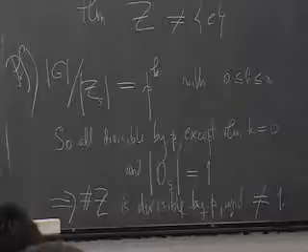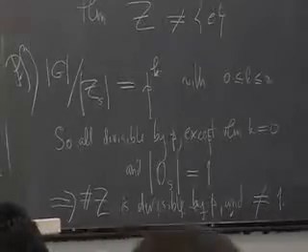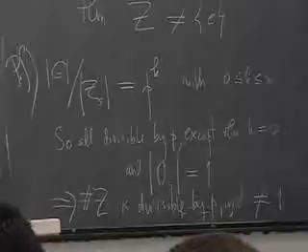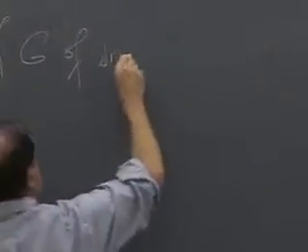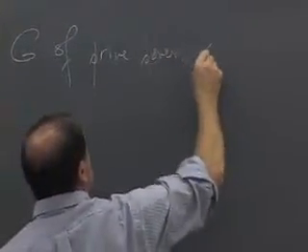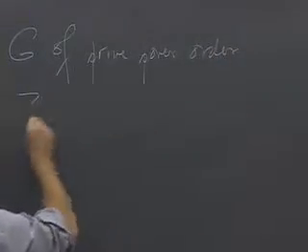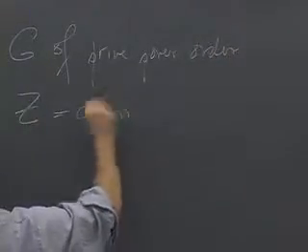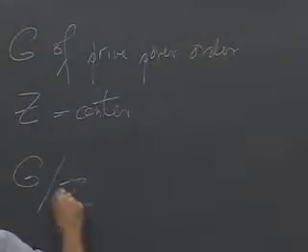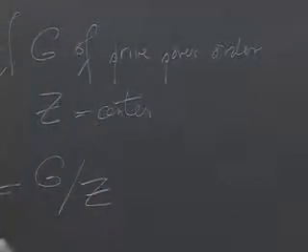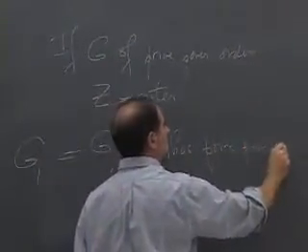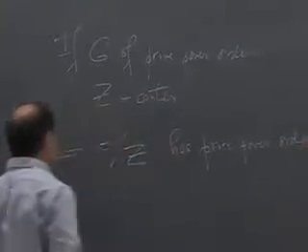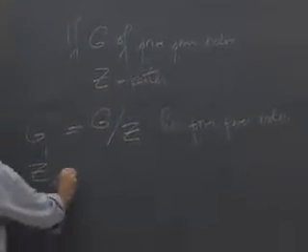Why? Because the center is a normal subgroup. So if G is of prime power order and Z is equal to its center, then the quotient group G mod Z, let's call that group G1, also has prime power order. And therefore, it has a non-trivial center.